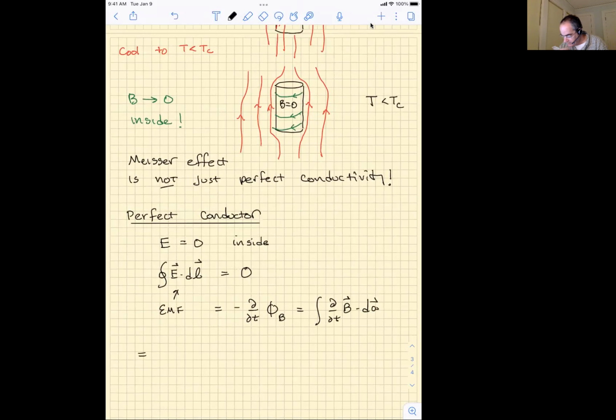So if this is always equal to zero, which is what we expect for a perfect conductor, then what that really tells us is the rate of change of the magnetic field must be zero inside the superconductor. Okay? But that would just mean that the magnetic field had to be constant.